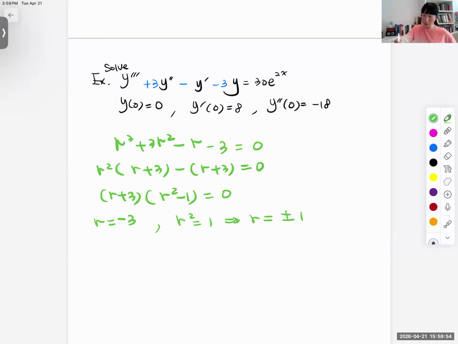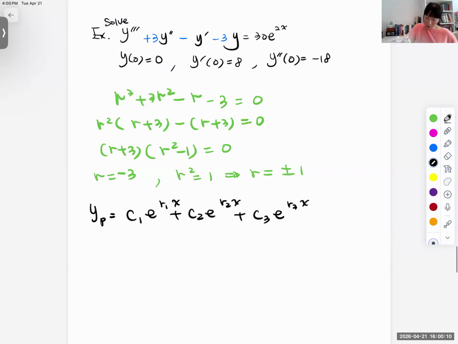Then the complementary solution we can rewrite: c sub 1 e to the r sub 1 x plus c sub 2 e to the r sub 2 x plus c sub 3 e to the r sub 3 x. Then c sub 1 e to the negative 3x plus c sub 2 e to the negative x and plus c sub 3 e to the positive x.